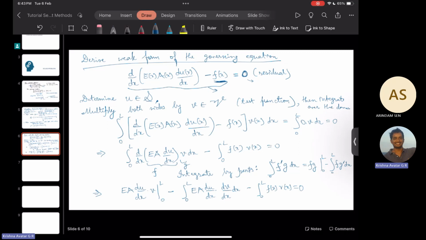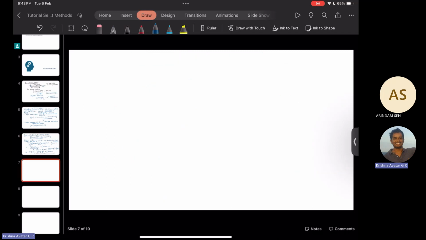So essentially this will be plus, and we'll see why we are doing this. Okay, so this is plus, right? So this term here will go on the right, or otherwise we'll slightly rearrange so that we have integral of 0 to L EA du/dx dv/dx is equal to integral of 0 to L f of x v of x dx plus, right?